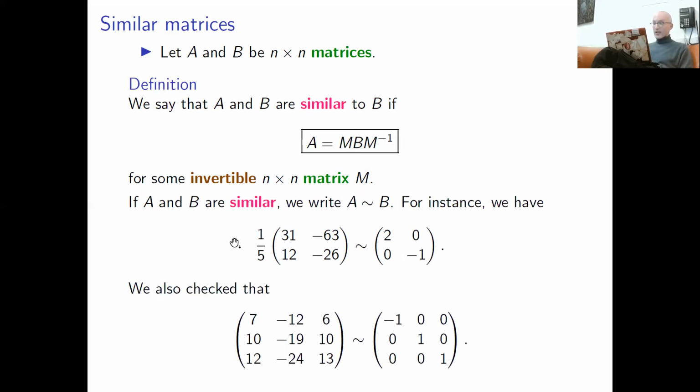And the next example, 3 by 3, was one of our inspirational examples for the theorem on the previous slide. You see this is a rather complicated 3 by 3 matrix, and this is a very simple diagonal matrix. And if you remember the example we considered during the last lecture, we used this similarity.